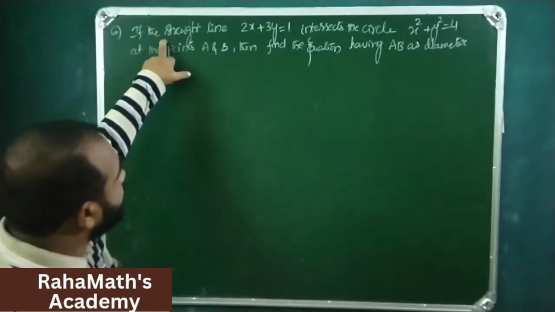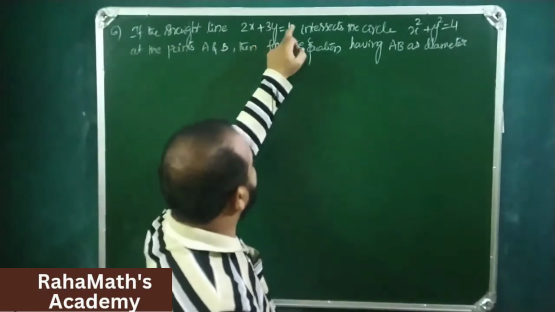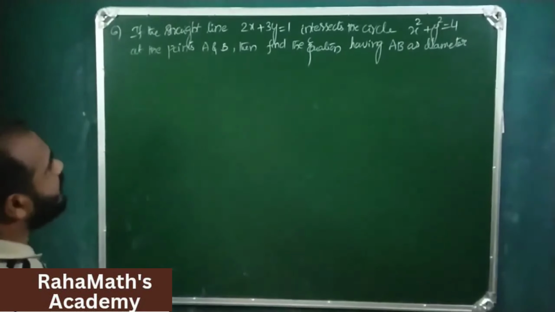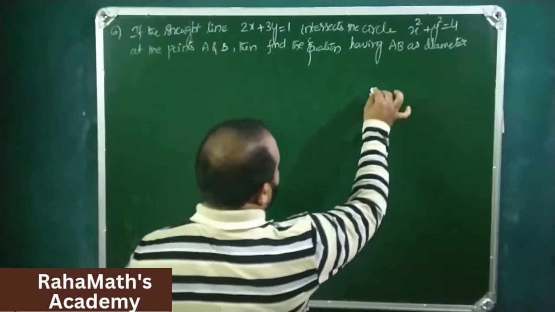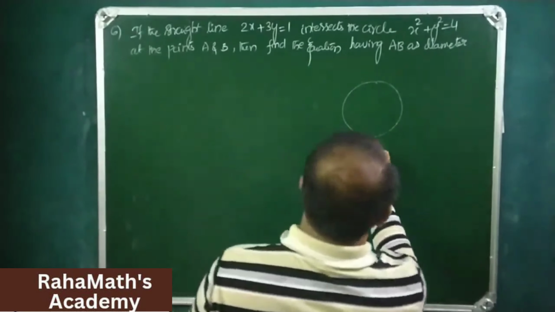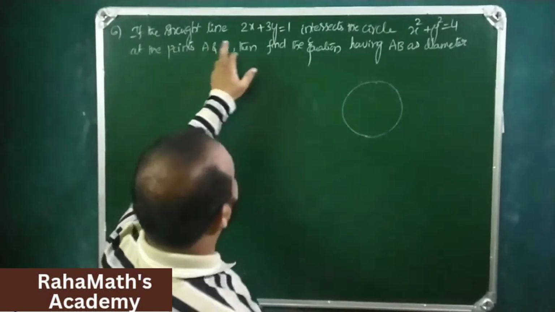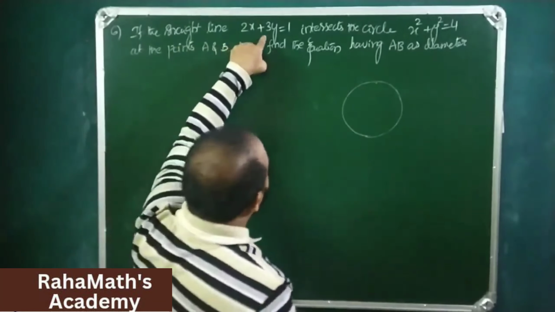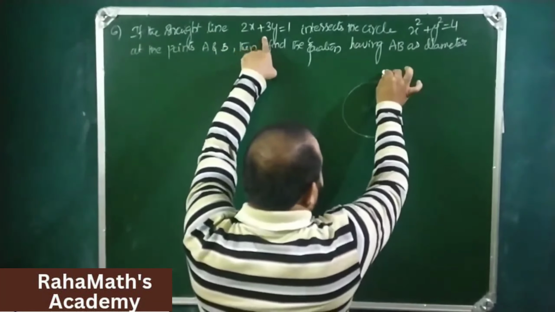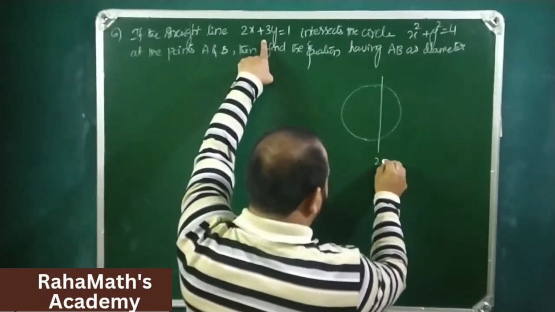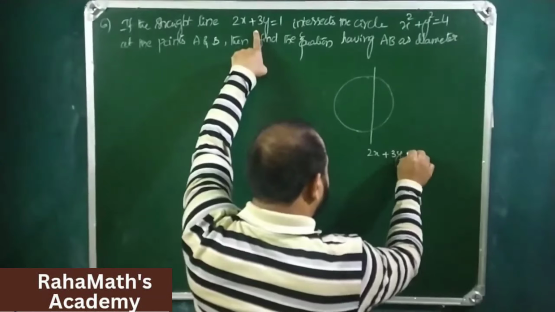If the straight line 2x plus 3y equals to 1 intersects the circle x square plus y square equals to 4 at the points, that means the circle is this, x square plus y square equals to 4, and the straight line is 2x plus 3y equals to 1.